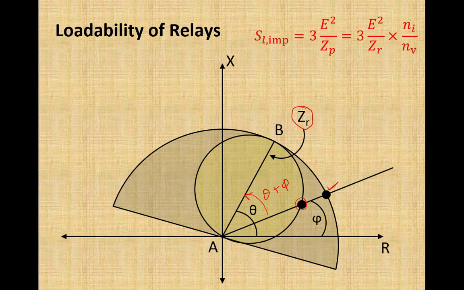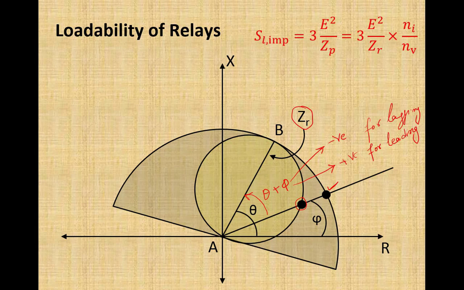So obviously from the diagram it appears to be theta minus phi, but I have written theta plus phi because according to the convention this phi will be considered negative for lagging load and this same phi will be considered a positive angle for leading power factor. So here if the power factor is lagging, the impedance will be inductive and it will lie in the first quadrant, which is the case over here.